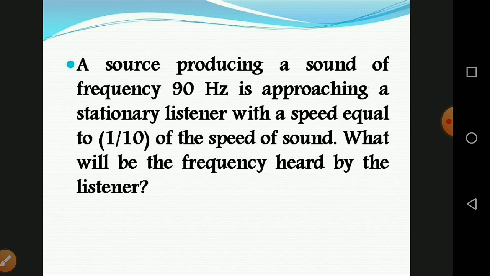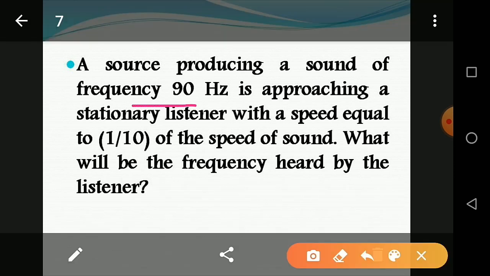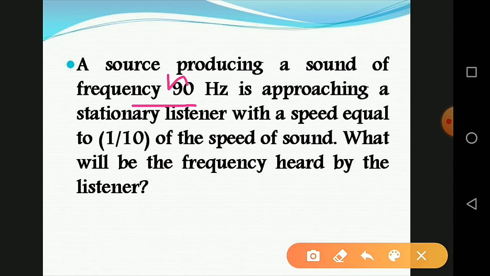And the next one: a source producing a sound of frequency 90 Hz. That is the n given. It is approaching a stationary listener, which means the listener is at rest.